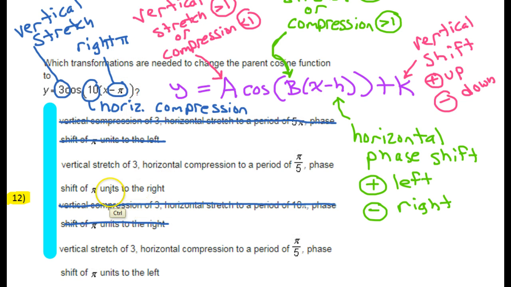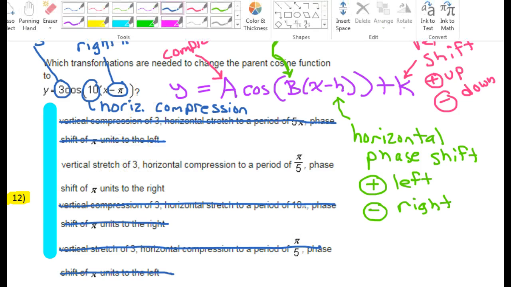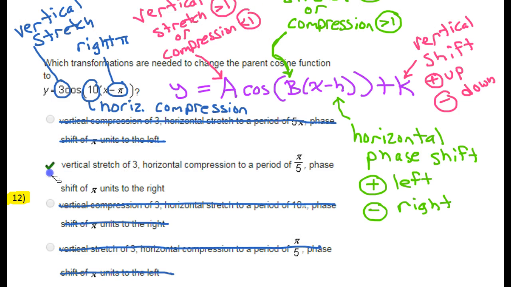So this one says pi units to the right. But this one says pi units to the left. Well, that is wrong because it is the opposite of the way it kind of looks. So minus is actually to the right. So we will eliminate this last one because it says to the left. And that just leaves the second one to be the answer. Let's check it out. Alrighty then.